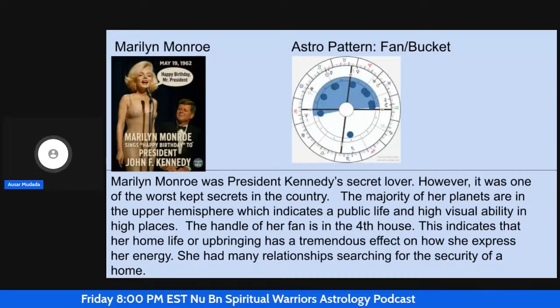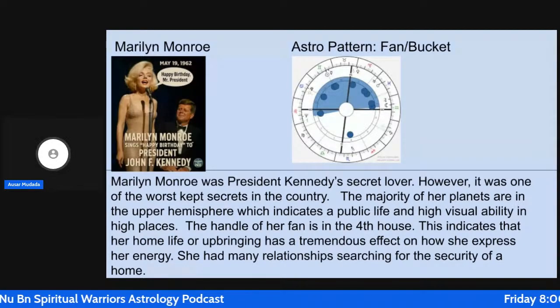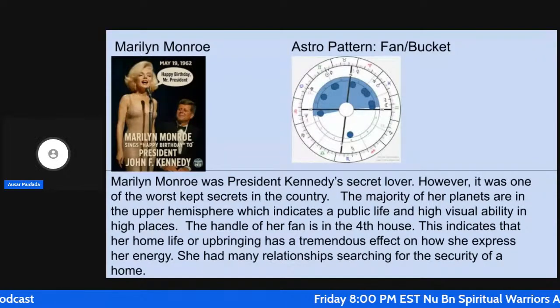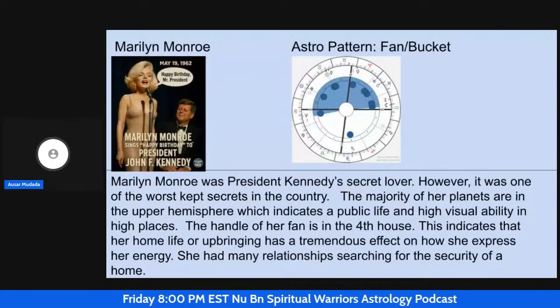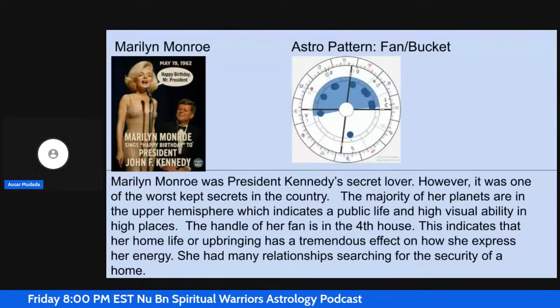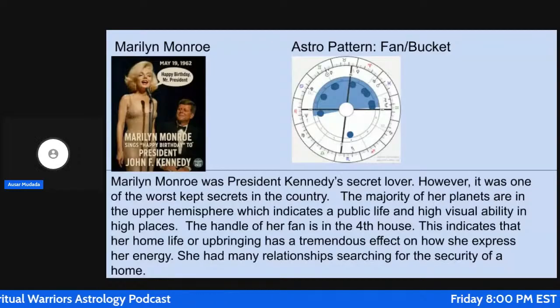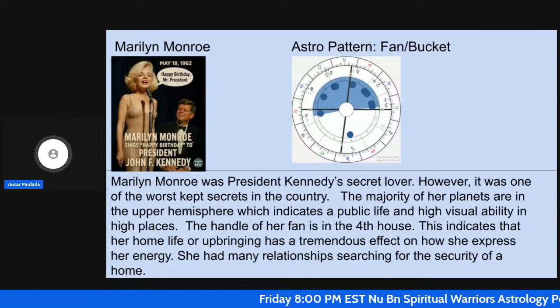Now, Marilyn Monroe was President Kennedy's secret lover. However, it was one of the worst kept secrets in the country. So the astral pattern you're seeing belongs to Marilyn Monroe. The majority of her planets are in the upper hemisphere, which indicates a public life and high visibility in high places.